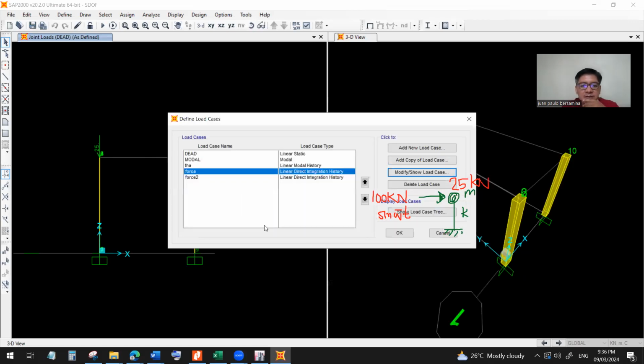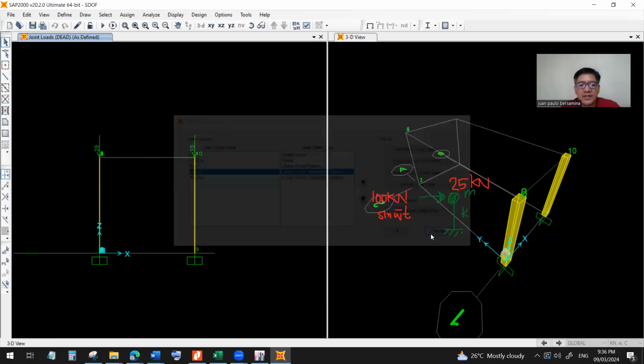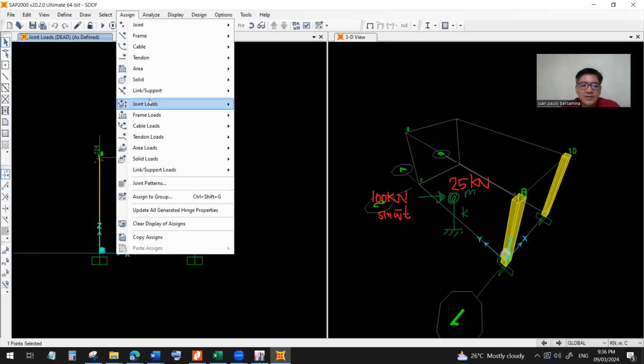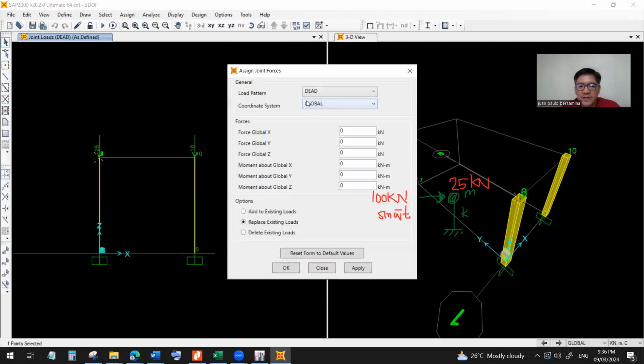Ayan. So, that's it. Ngayon, just additional information sa SAP2000, naglagay ako ng additional force display. Basically, if you will do that, just click the nodes, assign, joint loads, force. Okay. I'll show you.